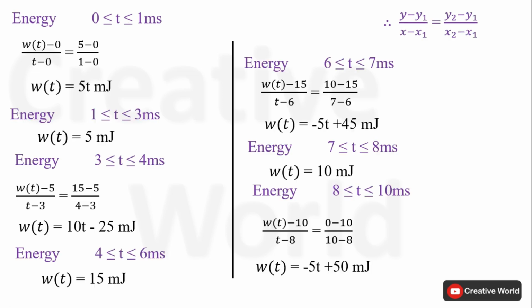For the first time interval, 0 and 1 millisecond, before that I would like to share that this formula of current will be utilized. If you have any query about this formula, you may ask in the comment section. I will provide the proof of this. Now I have entered the value of energy in this derivative, and this energy value was between time interval 0 and 1 millisecond, where the energy value was 5t.